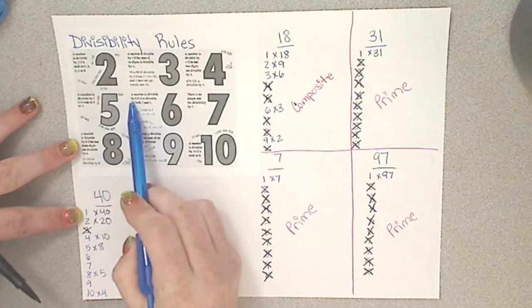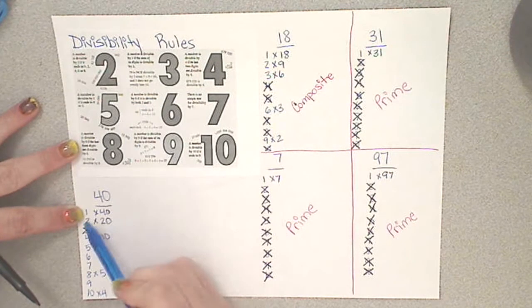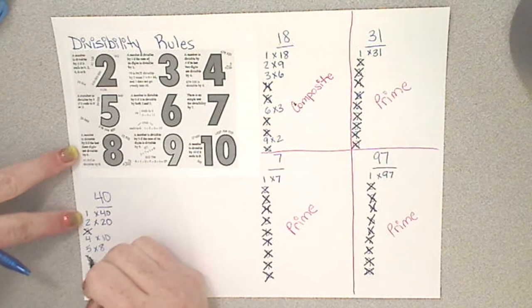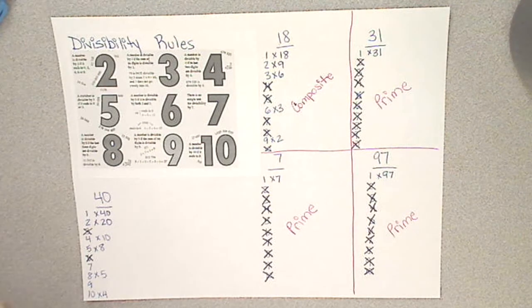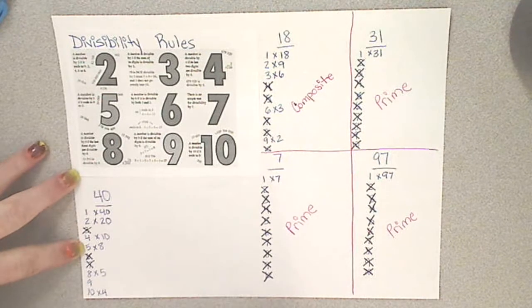Now a number is divisible by 6 if it is divisible by both 2 and 3. It was only divisible by 2, not by 3. So we can mark out 6 as a possible factor. We're going to have to use our multiplication facts to solve for 7. I know that 7 times 5 is 35. 7 times 6 is 42. So 7 cannot be multiplied by any number to equal 40.